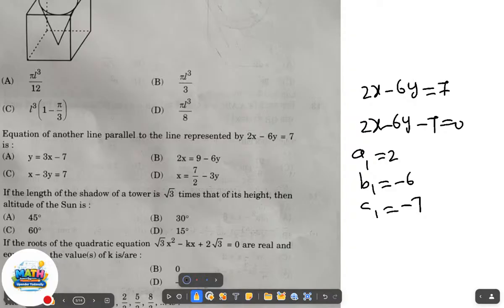So this is the condition for parallel. Which option will satisfy this condition here?